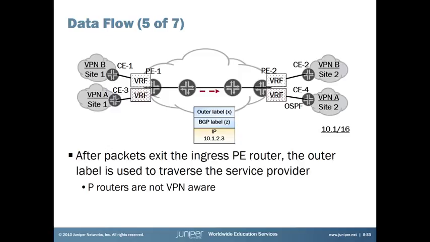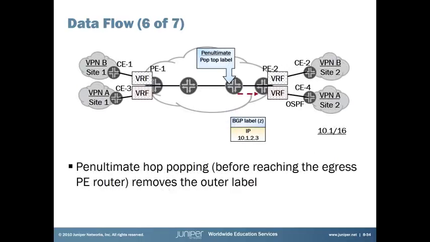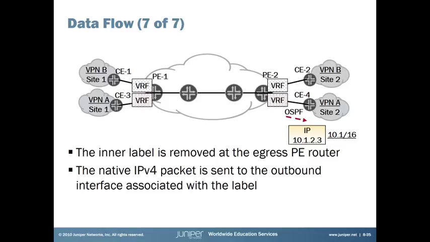It then arrives at the penultimate router where the outer label is popped, and the packet is forwarded to the egress router with its inner label.